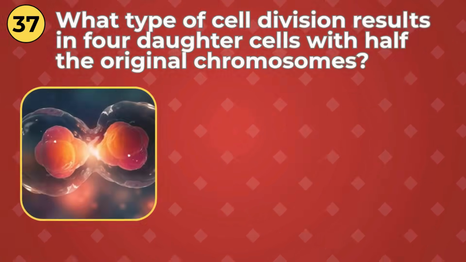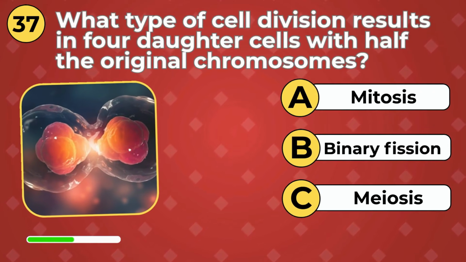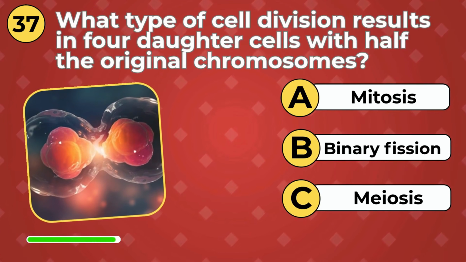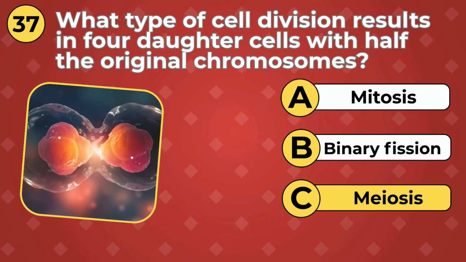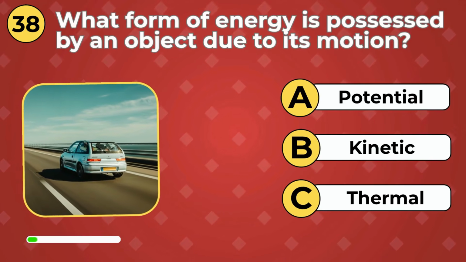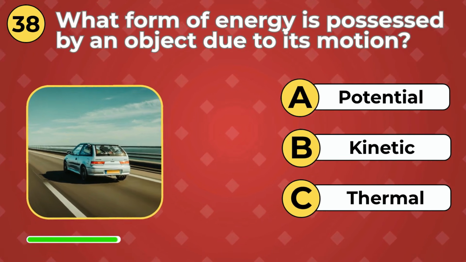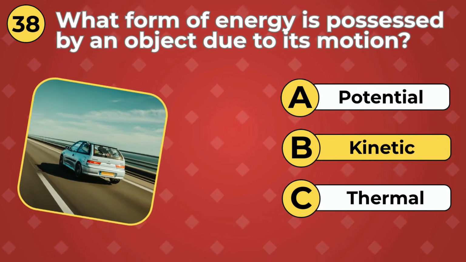Weathering. What type of cell division results in 4 daughter cells with half the original chromosomes? Meiosis. What form of energy is possessed by an object due to its motion? Kinetic energy.